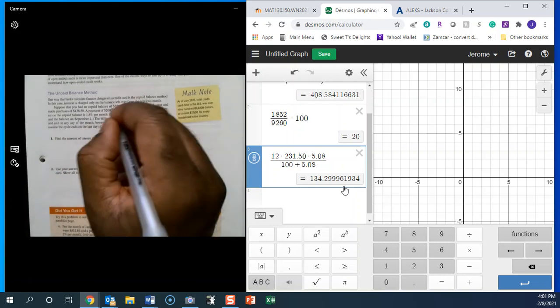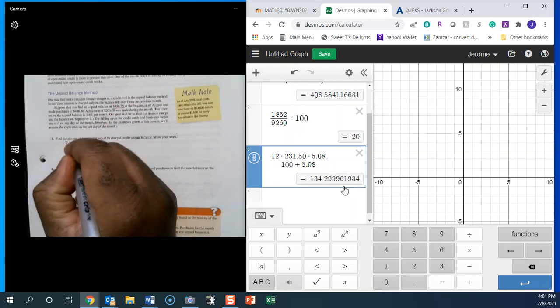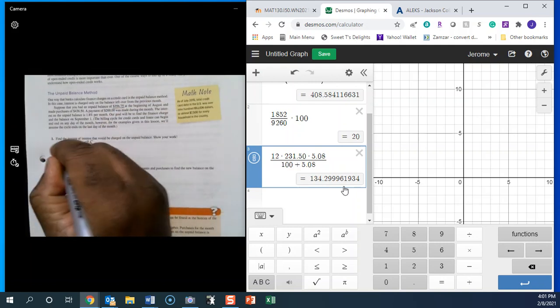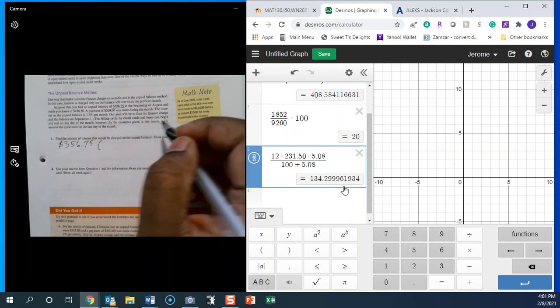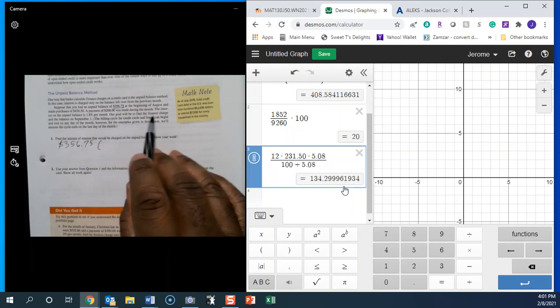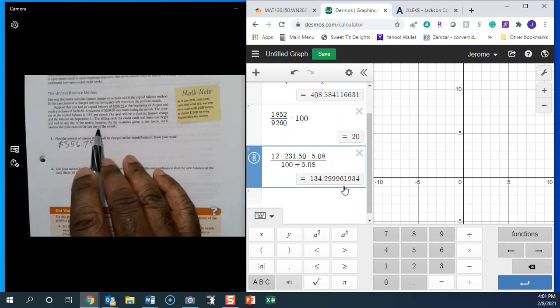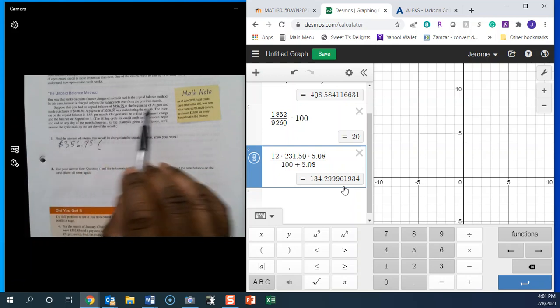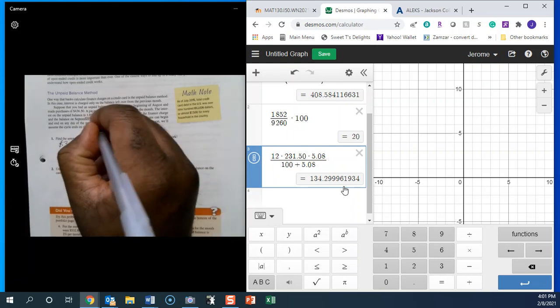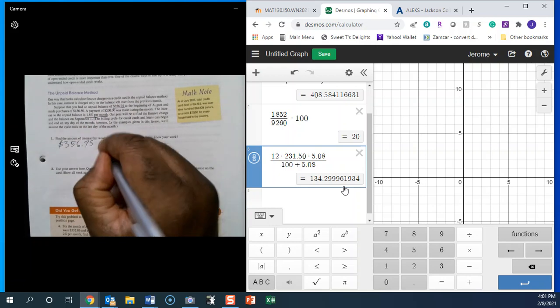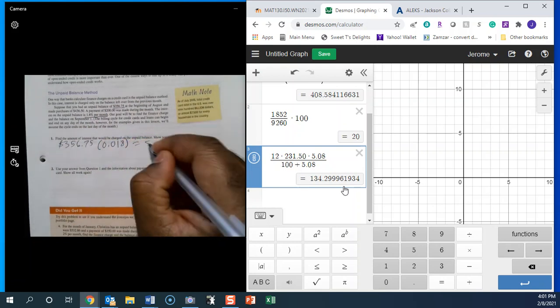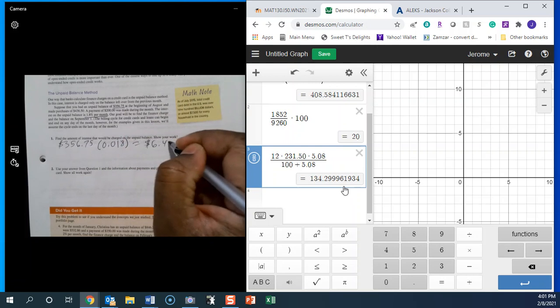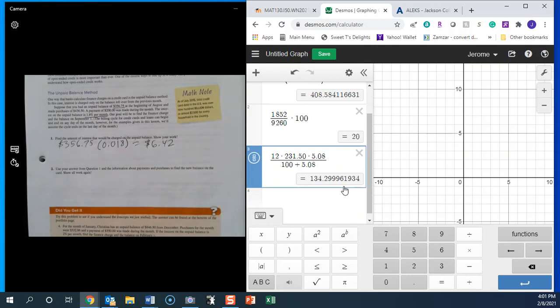Okay, the unpaid balance was $356.75. And the interest rate is 1.8%, so it'd be 0.018. Now, when you multiply that, it'll be interest of $6.42.